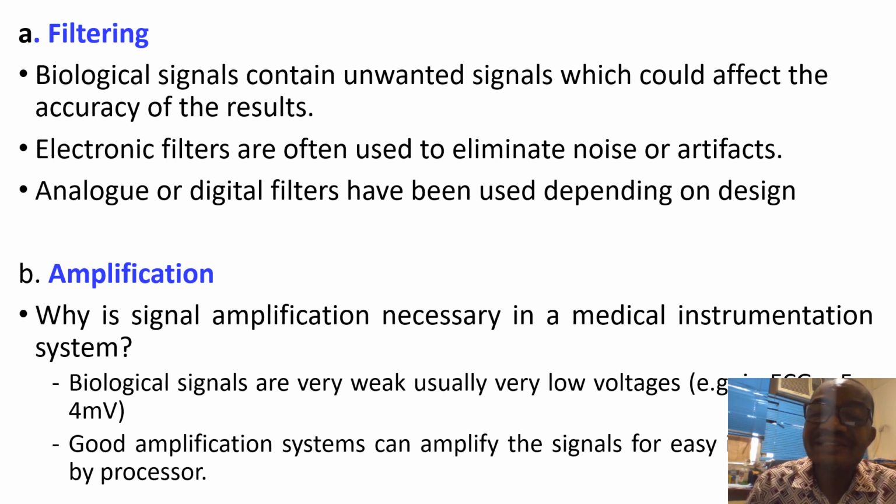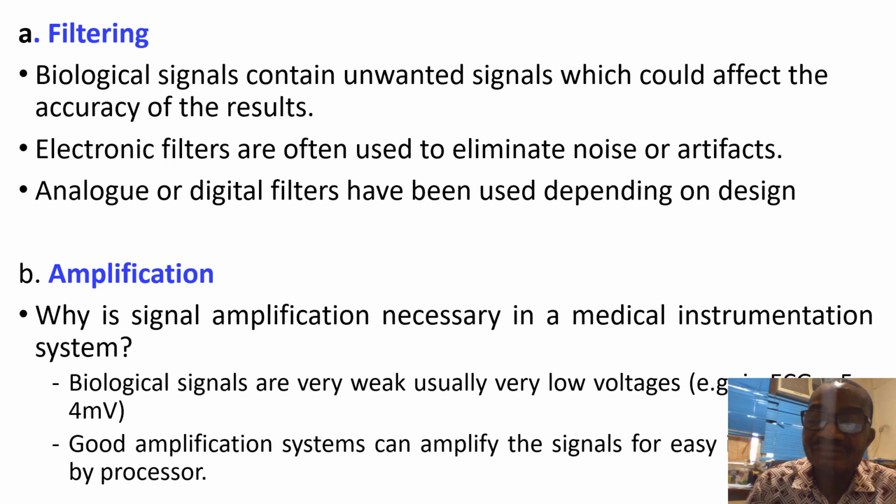In order to reduce or minimize noise in a signal that we have measured, we need electronic filters to filter out the unwanted signal, which is usually noise or artifacts.